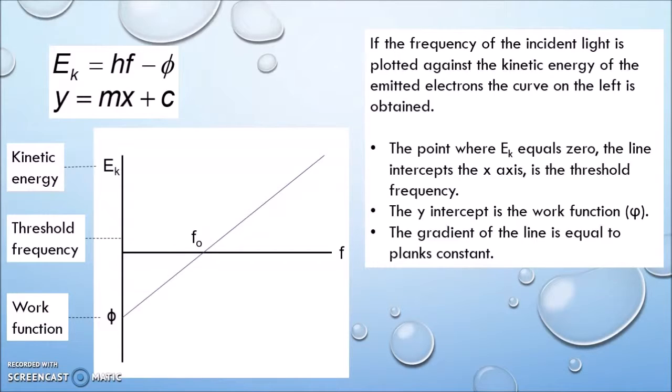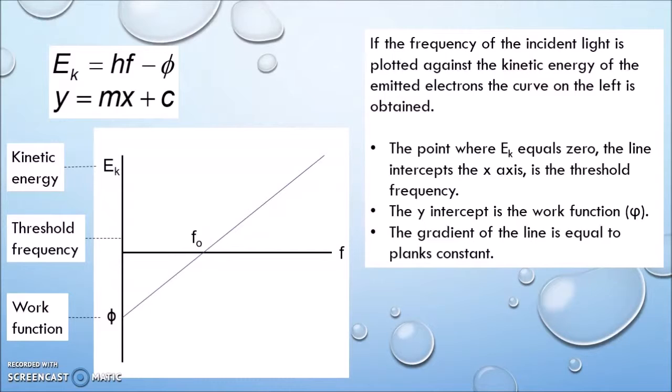Where the kinetic energy equals 0, this is our threshold frequency, because when a photon ejects an electron with no energy, the energy of the photon must be equal to the energy it took to eject it, which is the work function energy. So at this point, when y equals 0, this is our threshold frequency.